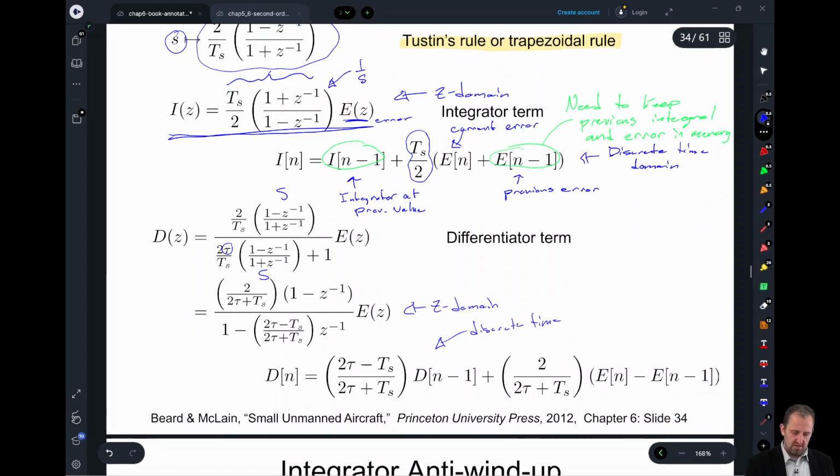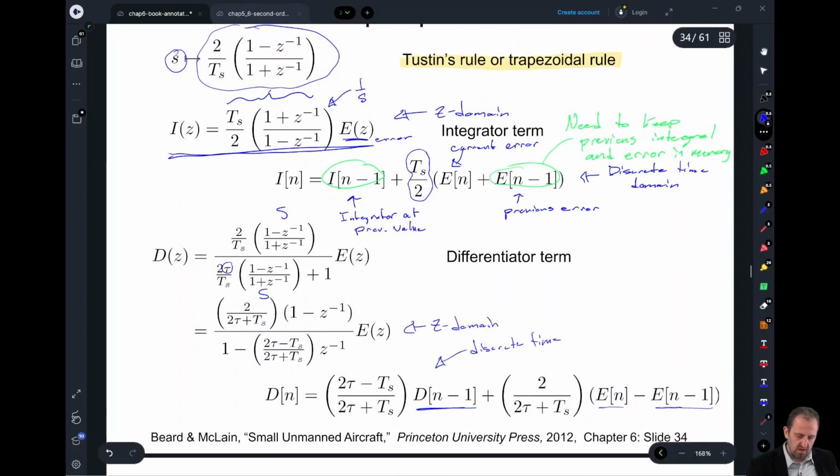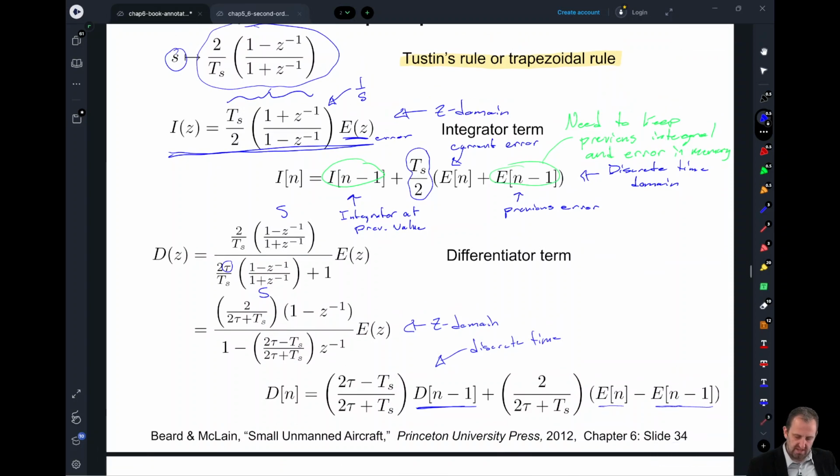Okay, so now we see that we take our derivative from the previous value and multiply it by the scaling factor. Then we have the trapezoidal rule giving us that we have to have the error from our previous time value as well.